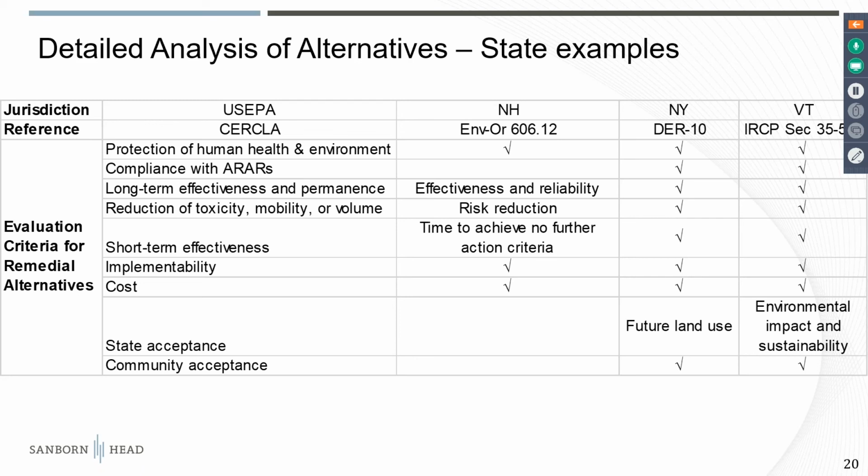New York is pretty much right in line with EPA, although on the state level, they include a future land use criteria for evaluation. In Vermont, it's the same thing, but there's environmental impact and sustainability as well. And in Massachusetts, Karen and Marianne are going to talk a little bit more about Massachusetts criteria as part of one of their case studies.